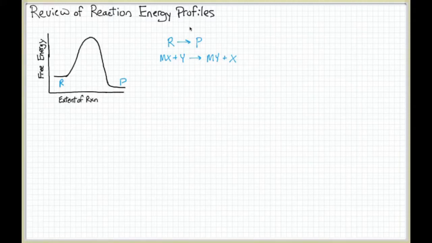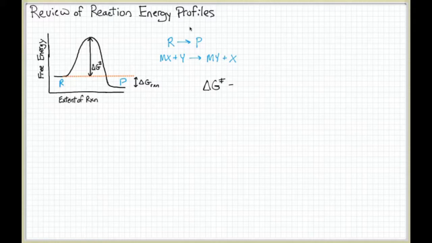In between the reactants and products is usually a barrier, a peak, and this energy barrier must be overcome in order to transform the reactants into products. And this difference in the reactants and products, delta G for the reaction, should not be confused with that peak, which is the activation energy, or the transition state free energy, delta G double dagger, and it's usually with a double cross at the top to represent the transition state.